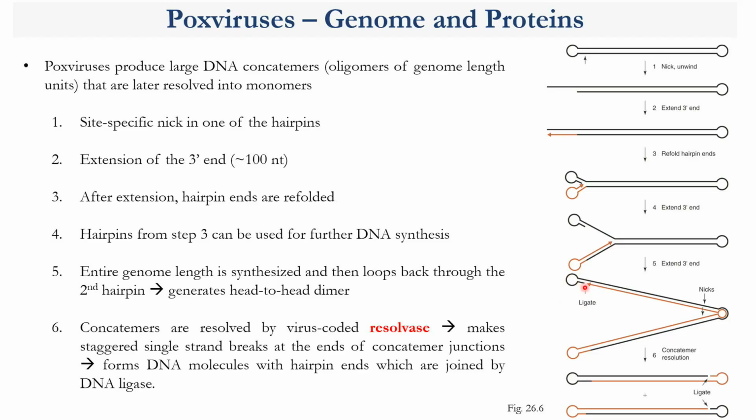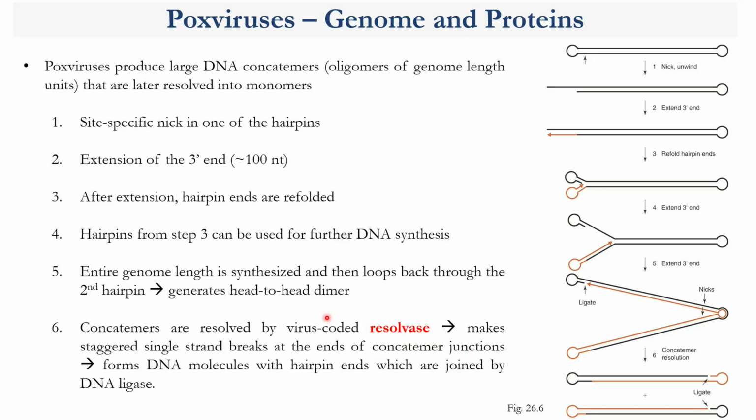Finally, you need to ligate these two fragments together. So ligation will happen here, and you'll get the full molecule, okay? And like I said, once you do this, your concatemers need to be resolved. In this case, it's only showing you 2 molecules, but like we saw, it can have 4 or more.